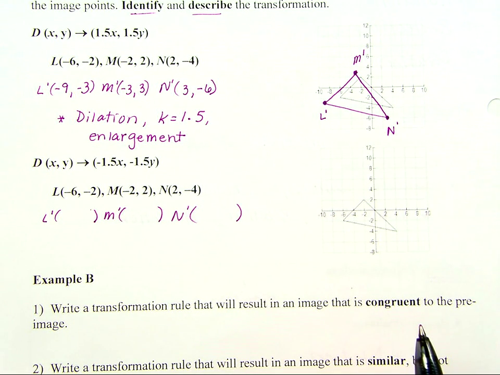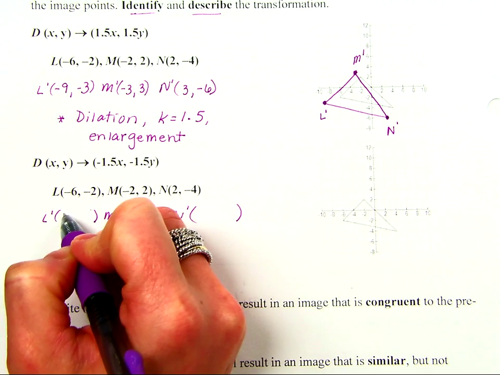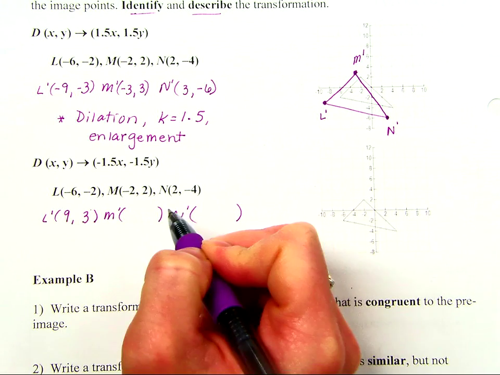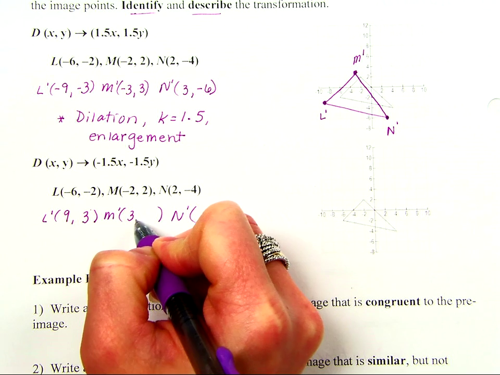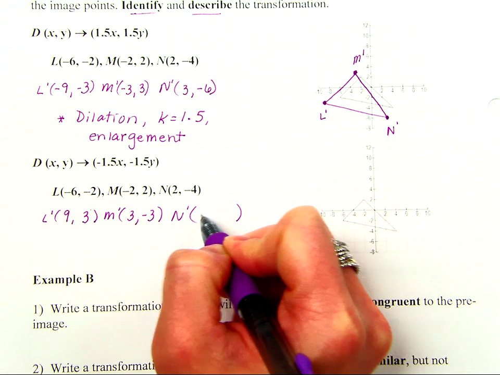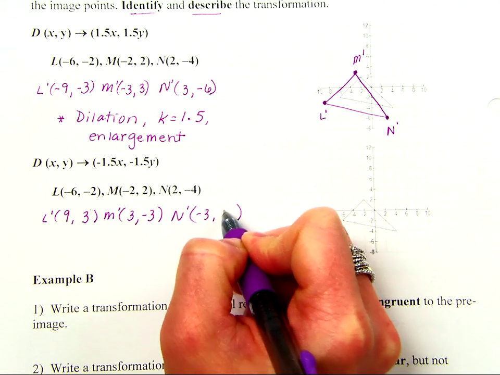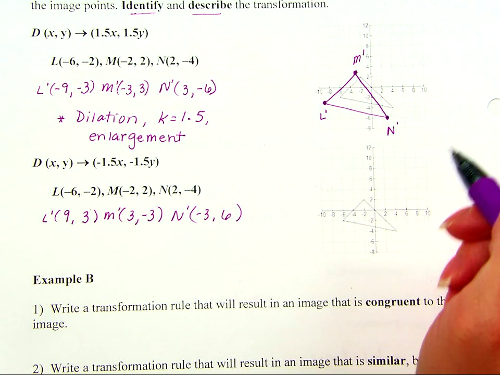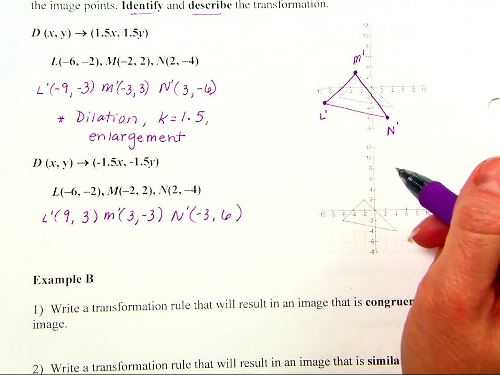So let's start by finding our new coordinates, multiplying each by negative 1.5. Now I'm going to go ahead and plot those points and graph my triangle.